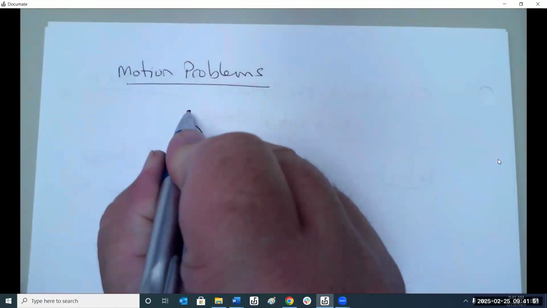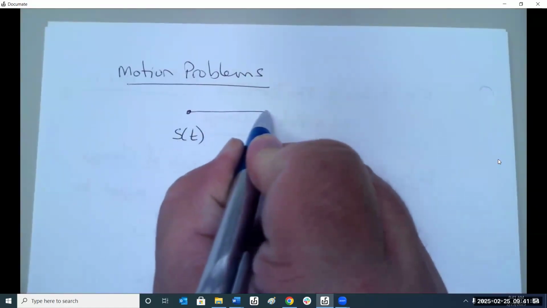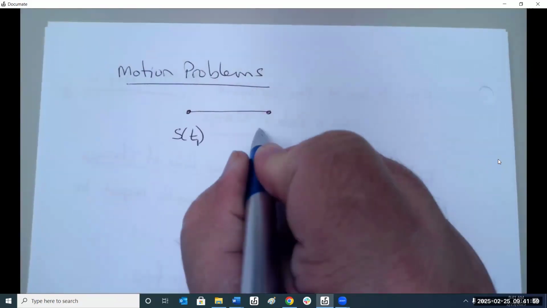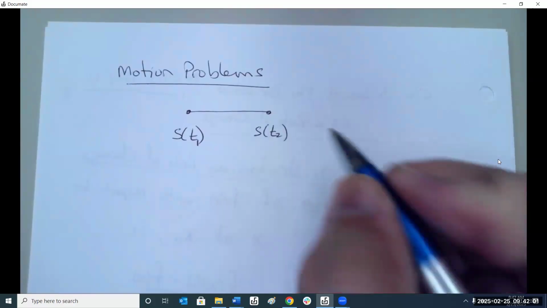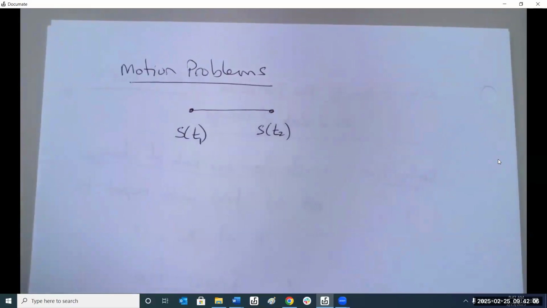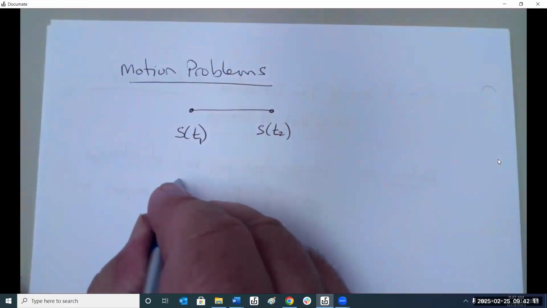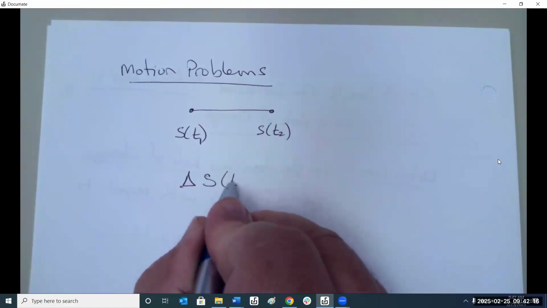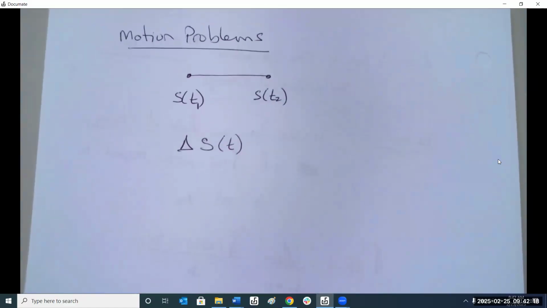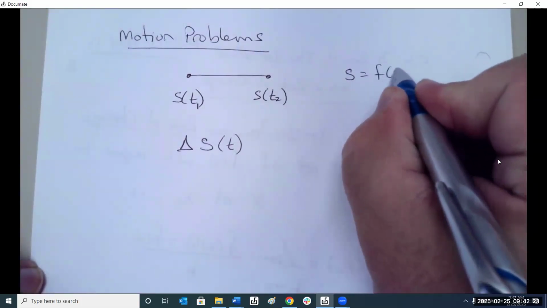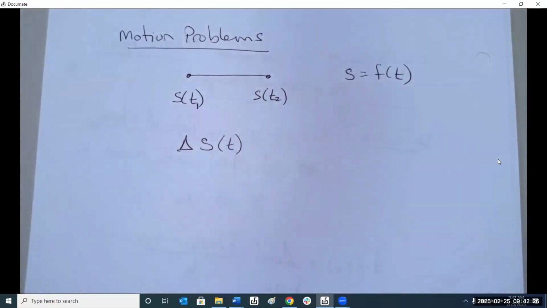Now, as that spot moves, so this goes from t1 to t2, it's moved some distance. What do we call that movement over the period of time? That's the change of S. So the S function is what we begin with. That's the position where we are.